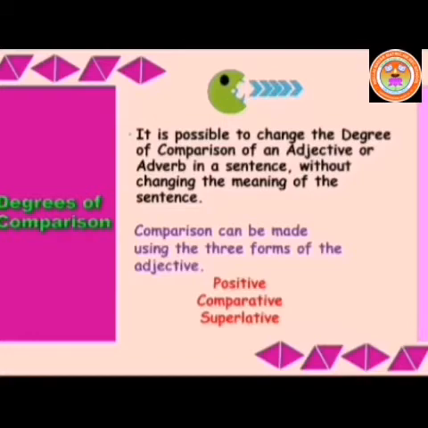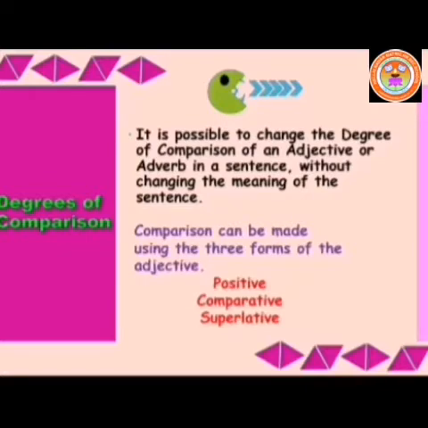Then coming to some of the types, some forms. Comparisons can be made using the three forms of the adjective. So in the three forms, we have got one simple and simpler than the simplest. There itself I have told you the example. Now let us go into the forms.